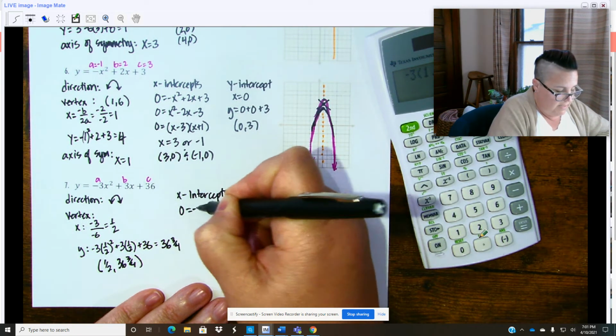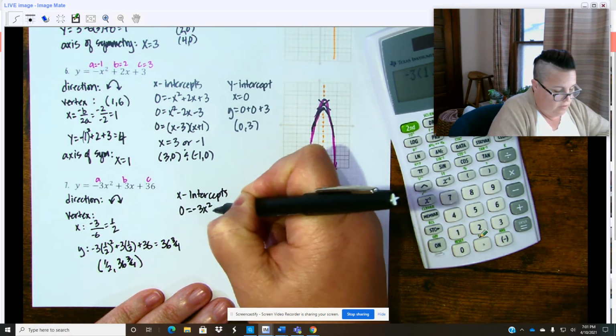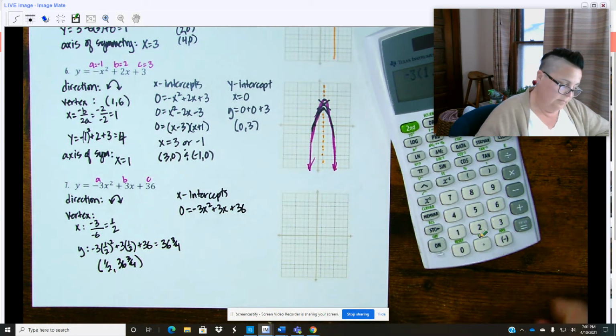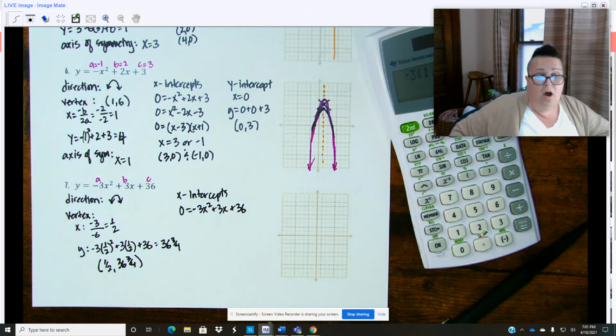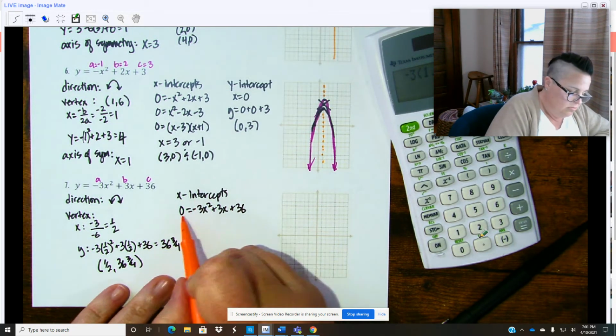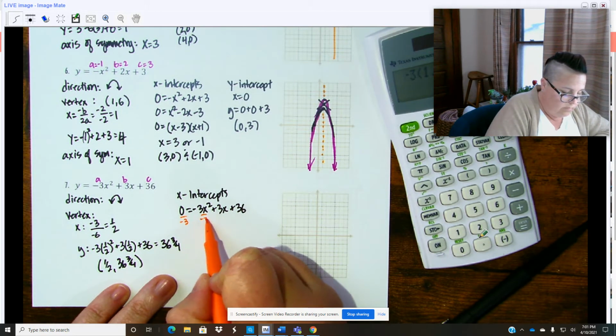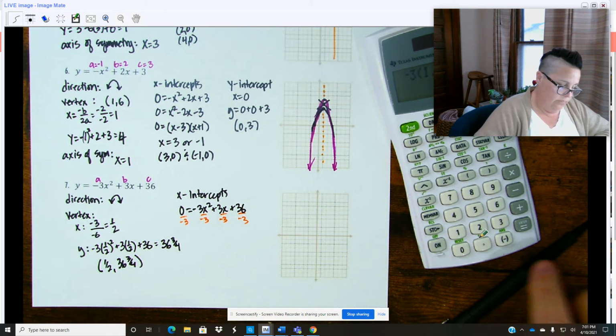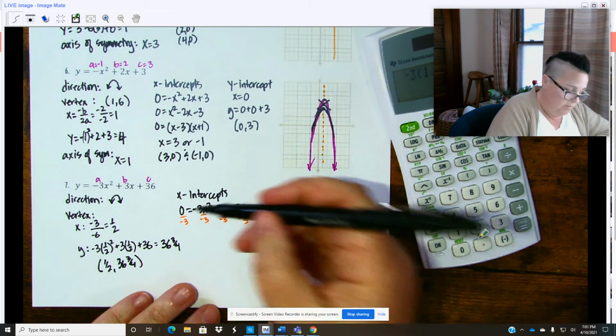So 0 is a negative 3x squared plus 3x plus 36. All of those are divisible by 3. So technically I could divide everything by negative 3 if I wanted to make my numbers easier, as long as I divide everything, I'm keeping it even.